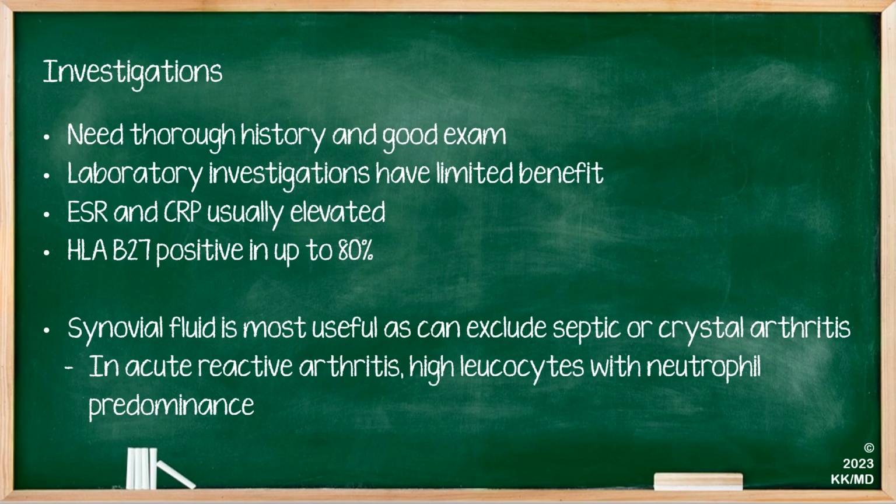Of course, your ESR and CRP are usually elevated, and your HLA-B27 blood test may be positive in about 80% of cases. However, the most useful test, as in any other case of acute hot joint, would be a synovial fluid analysis, which you would order to exclude septic arthritis or any crystal arthritis such as gout.